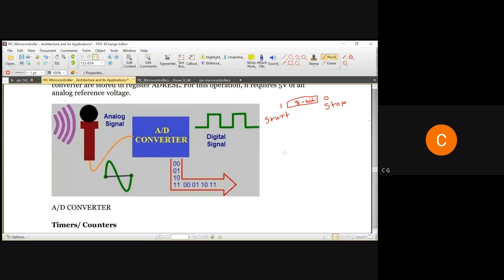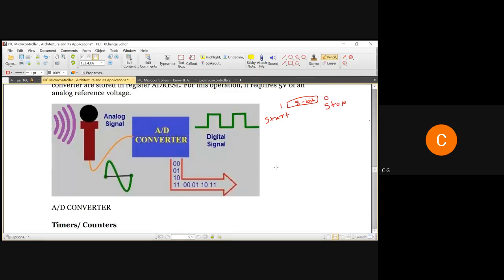I don't know whether you have it in your experiment or not. The D to A converter has two types of network: one is the ladder network, the binary ladder network, and then there is a weighted resistor network. From that network, one can convert the signal. Now the A to D converter requires a D to A converter, that is the funny thing.